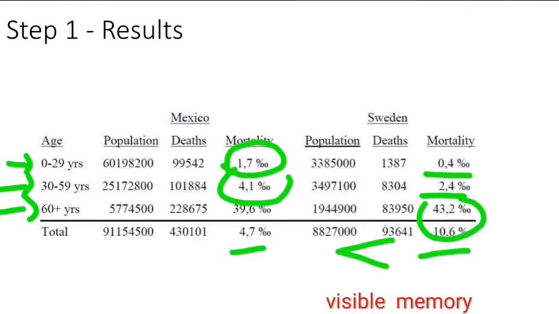So making a comparison on the basis of crude mortality rate is useless. We have to look at the age-specific death rates. But looking at a lot of categories is very cumbersome and it is difficult to compare each category. So we have devised a new method of standardization which summarizes all the age-specific death rates.